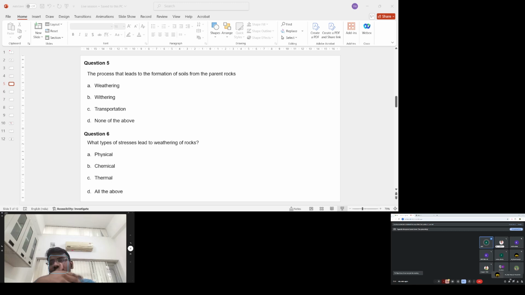Some rocks get converted due to several physical, chemical, or thermal changes, which we will study in the rock cycle, on which I will give a hint. But from the parent rocks, it is essentially the process of weathering by which soils are formed. So it is option A.